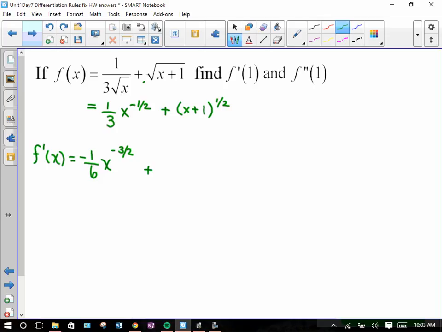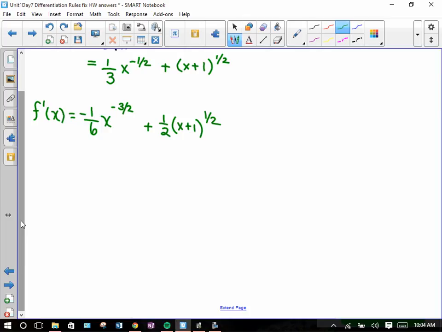We're going to take this 1/2 and multiply by 1 outside. 1/2 times 1 is 1/2. And then plus 1, we have 1/2 minus 1, which is negative 1/2. That's our first derivative.